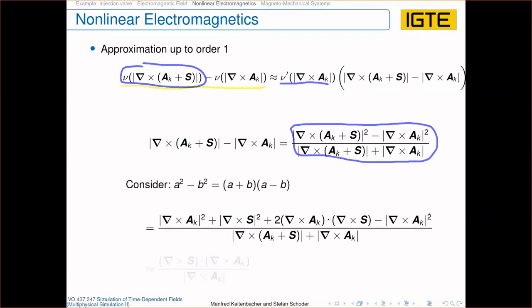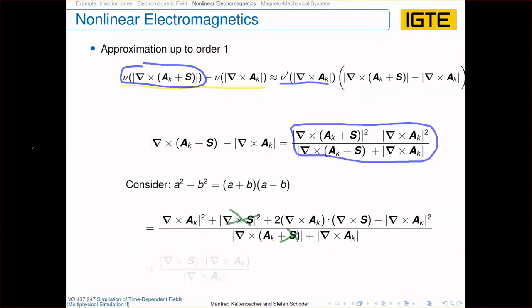Now since we assume that the increment S is small, in an L2 norm for example, towards AK, we neglect it here. So I just take another color. We will neglect this part here. We will also be able to neglect any squares. So this is the approximation up to first order.